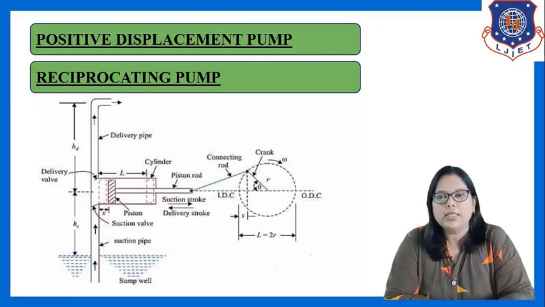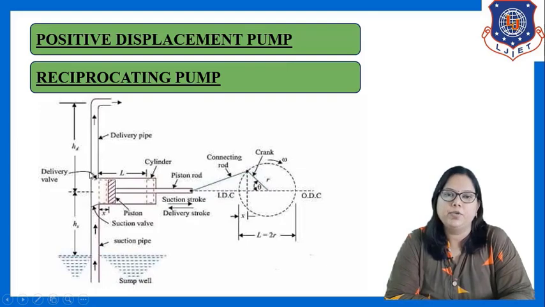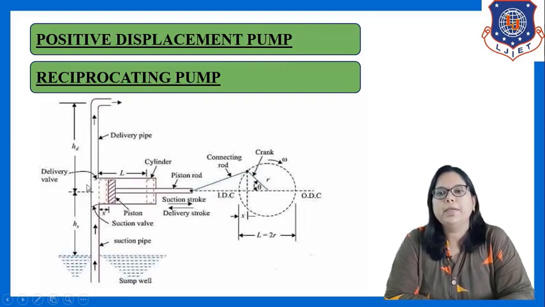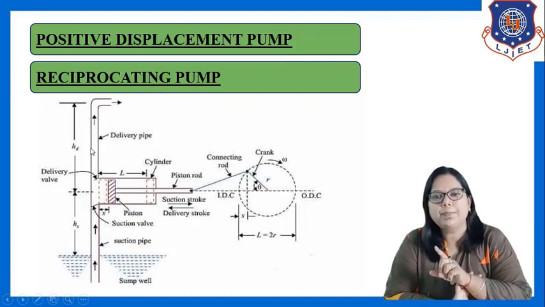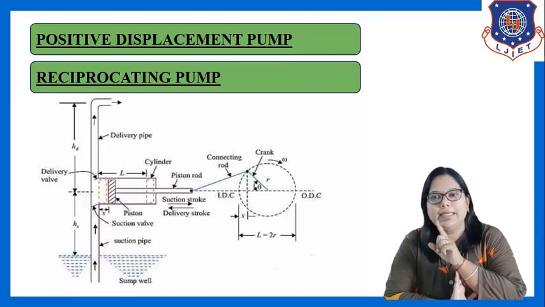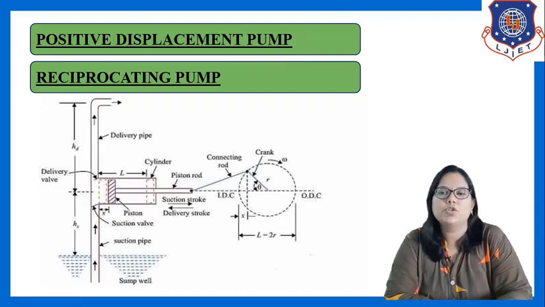In addition to this, the cylinder is connected with the suction pipe and delivery pipe. You can see in the figure, the cylinder is connected to a suction pipe and delivery pipe. In suction pipe, there is a suction valve, as well as in delivery pipe, there is a valve which is known as delivery valve. This is a delivery valve and this is a suction valve.